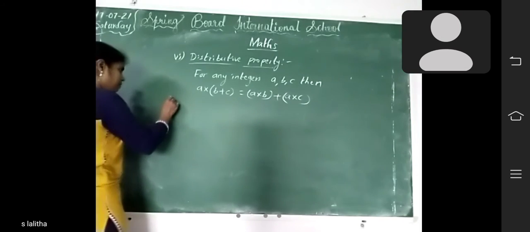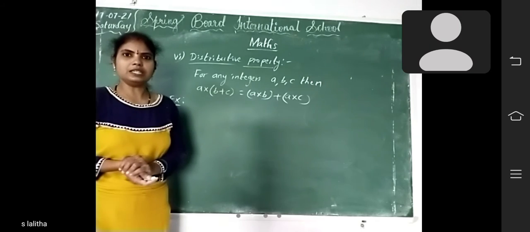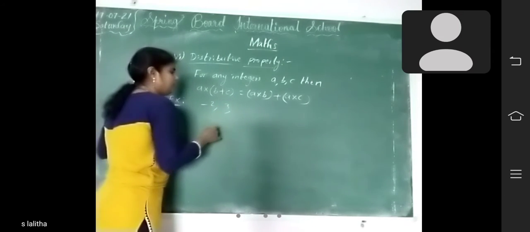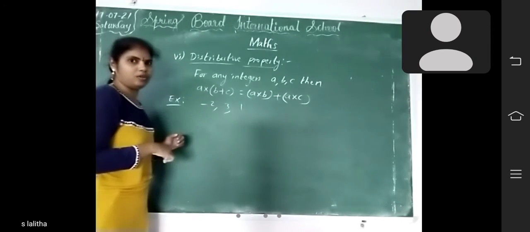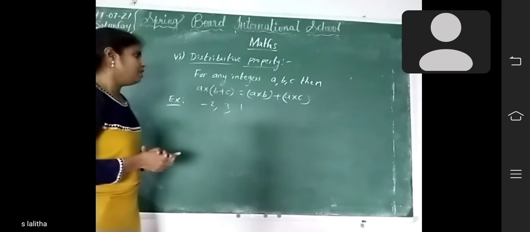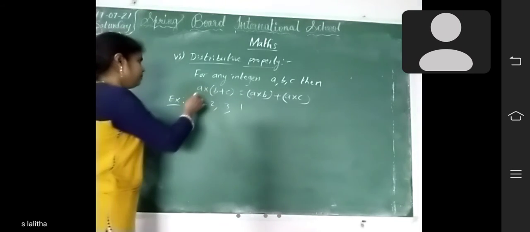Now we will do an example. Say any 3 integers, children. I am taking minus 2, 3, 1. These are all integers. Now I am applying the distributive property here.